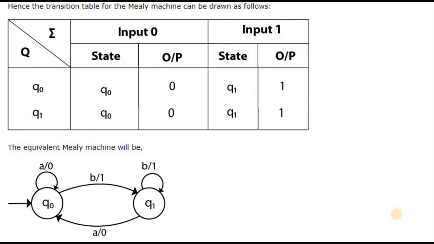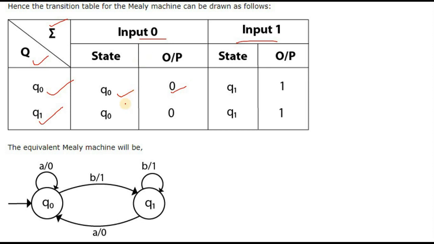So first these are the inputs, and this can represent the state. So input 0, input 1. Say for example Q0. So when Q0 equals Q0, state Q0 has the output 0, and state Q1 when the input is 0.